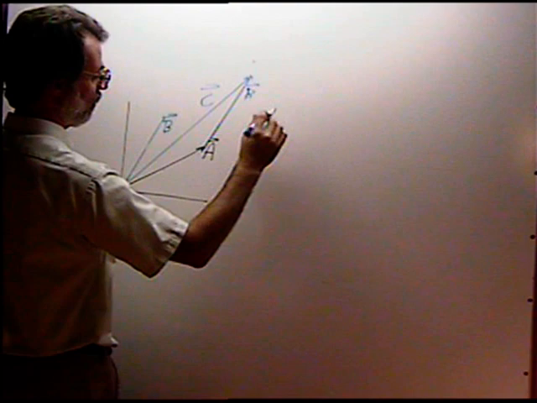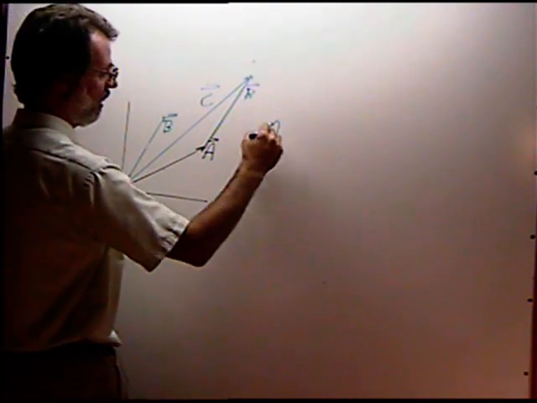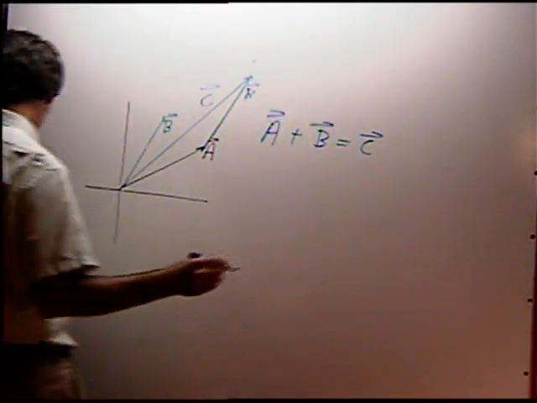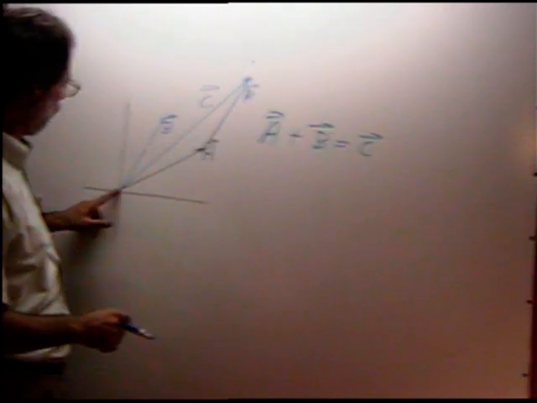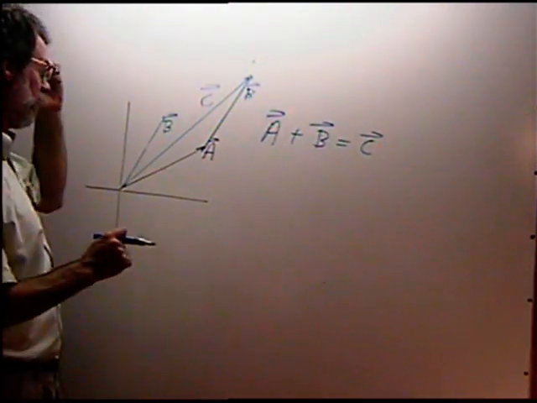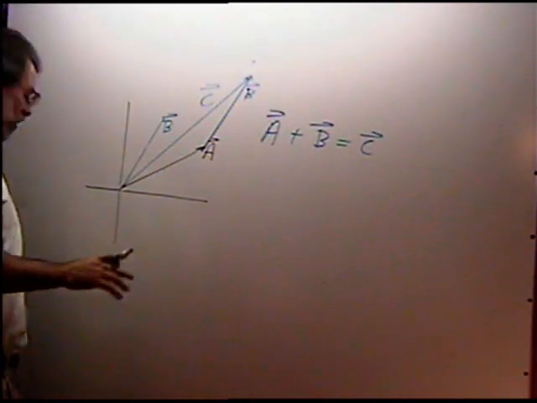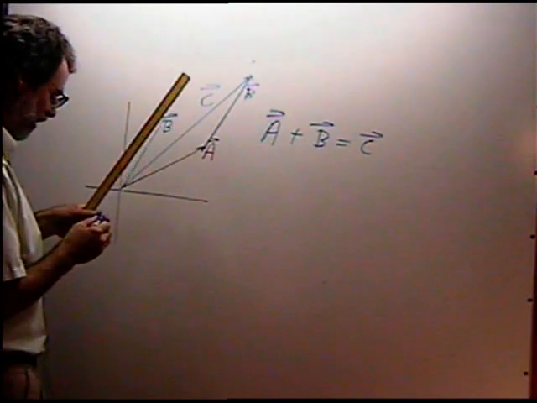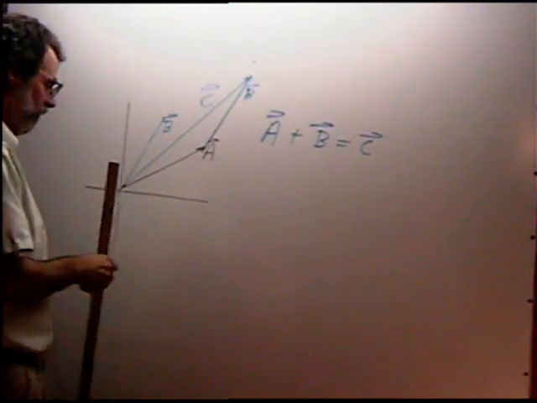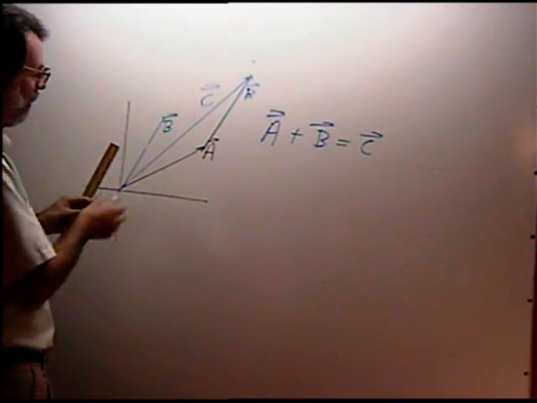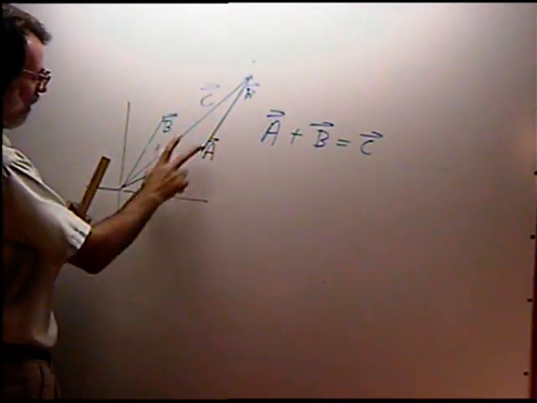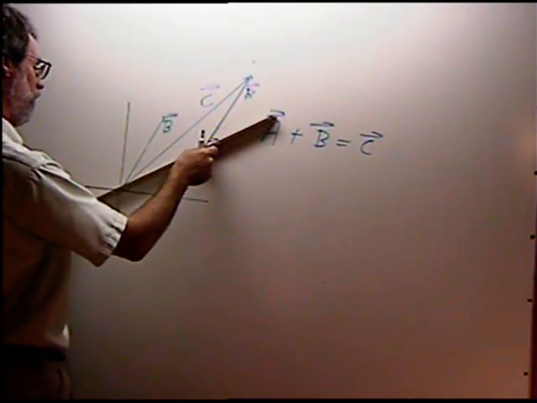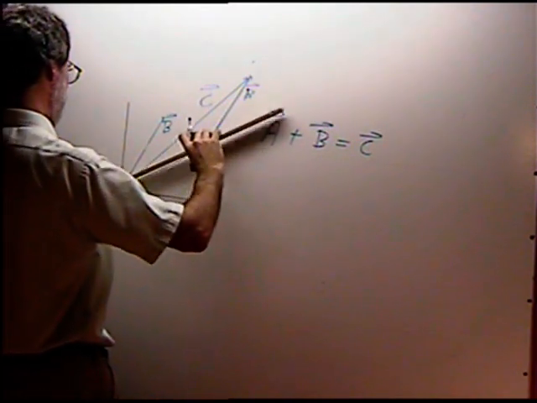So basically, I can say that A plus B equals C. The C vector is a brand new vector, and it goes from here to here. Now notice it shouldn't make any difference whether I added A first or B first. For instance, I could take the A vector, about 11 inches long, and slide it up this way instead of sliding the B vector.